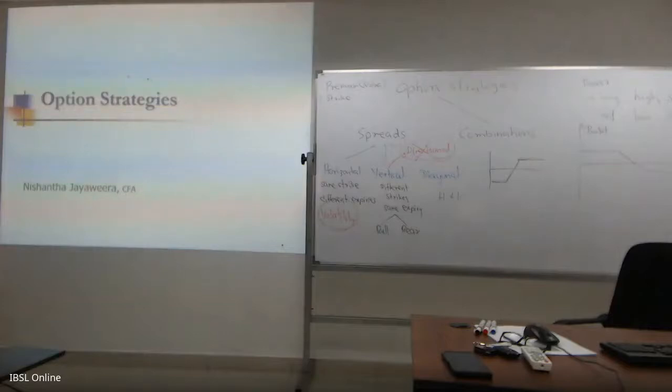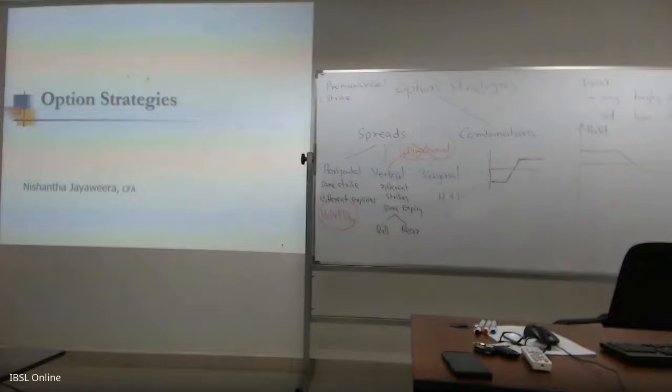In a call option, you pay a high premium for the one that you bought and receive a small premium for the one that you sold. Why? Just because of the strike difference. When you buy a call option with a lower strike, the premium is high. When the strike goes up, premium goes down.